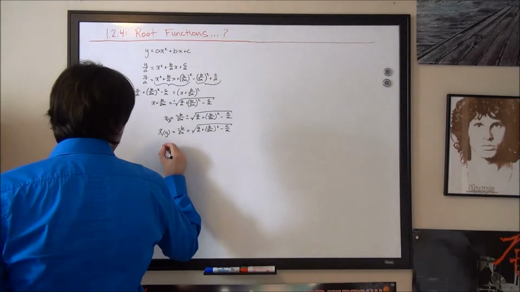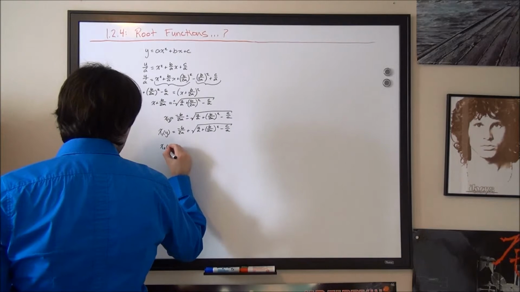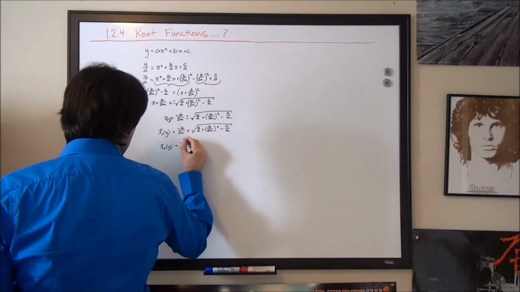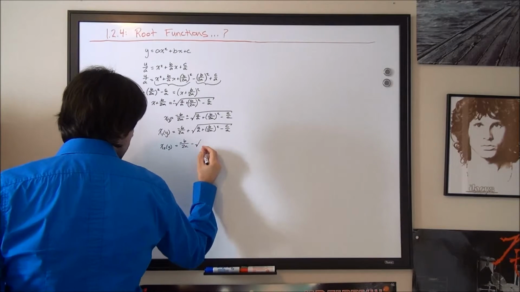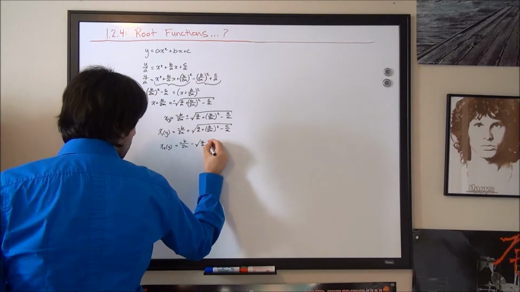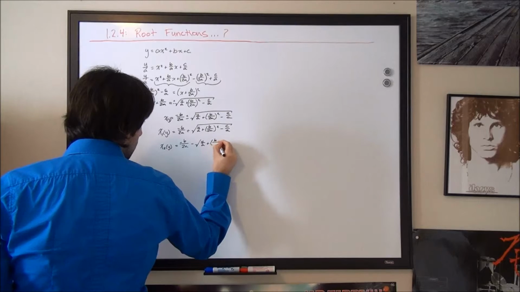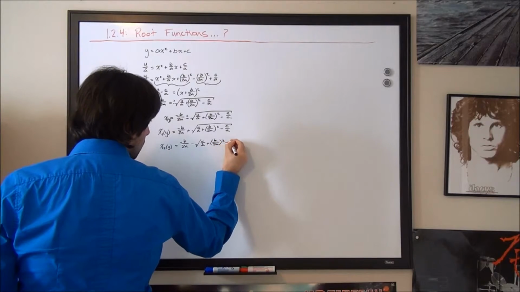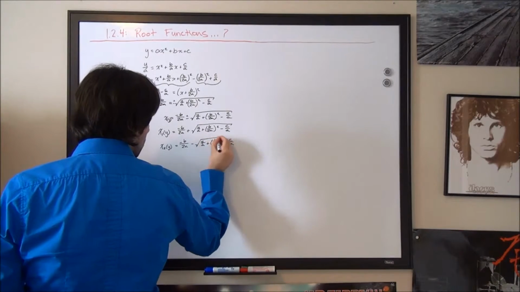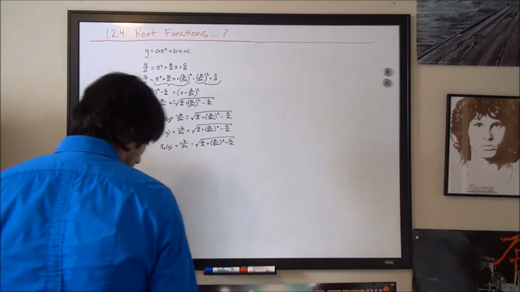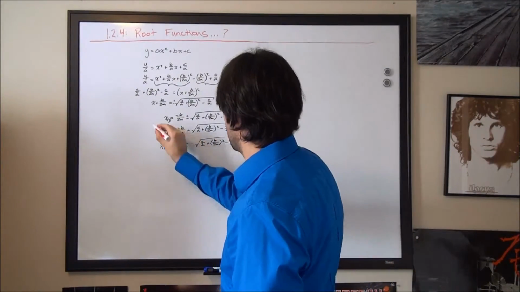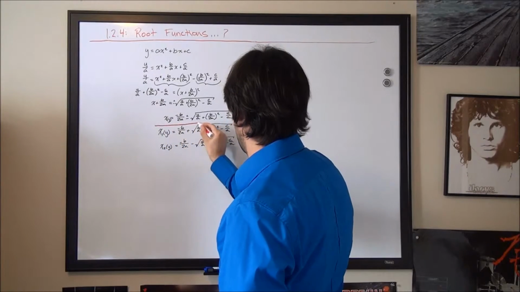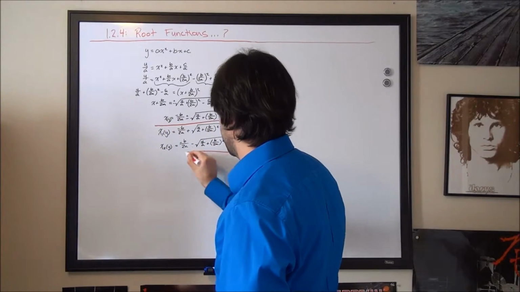And we'll have a second function x2 where we take the minus of the square root. And there you have it. We actually have two root functions from one quadratic function.